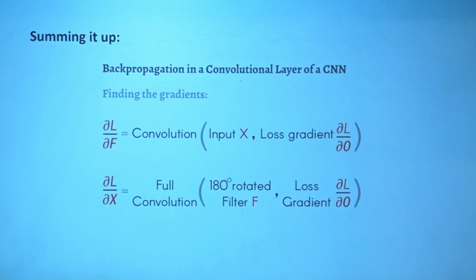We already defined a function and a method which will perform this convolution operation. Now you understood the logic of the forward pass, and the forward pass we already built. Now I hope you understood how you will get the derivative of loss with respect to input and also with respect to kernels.